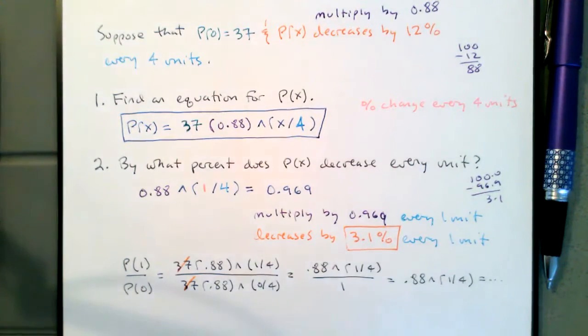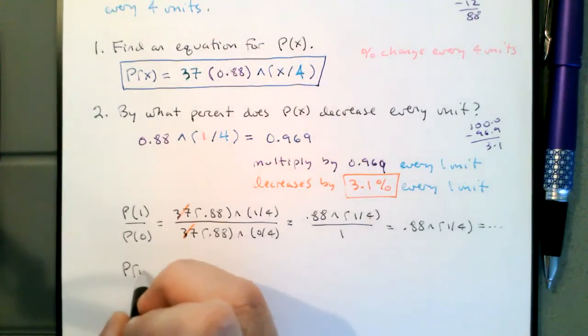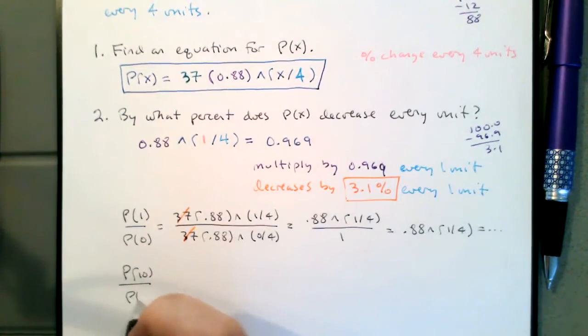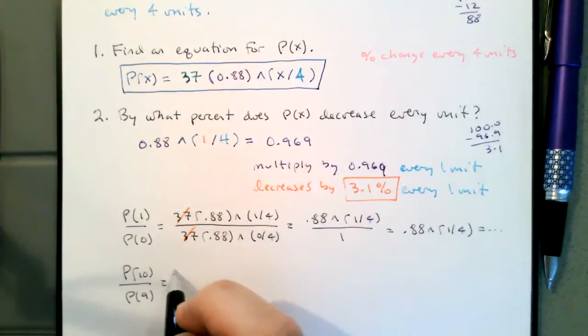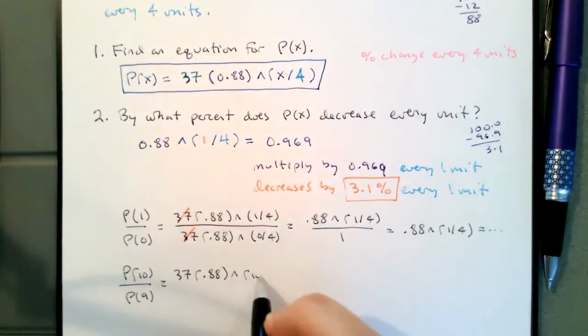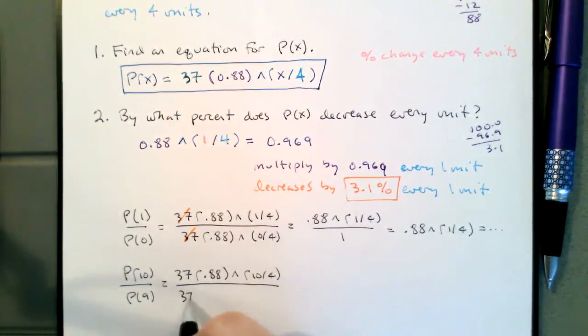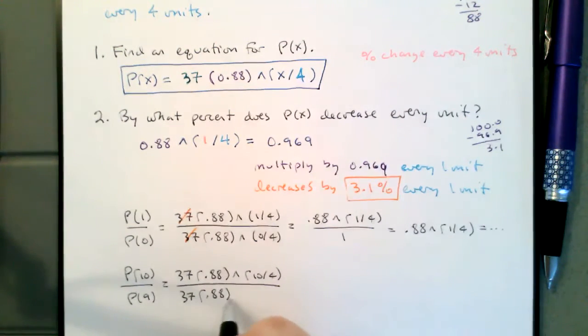But if we look at any two consecutive values, if we look at, say, p of 10 divided by p of 9, we'll do 37 times 0.88 to the 10/4 divided by 37 times 0.88 to the 9/4.